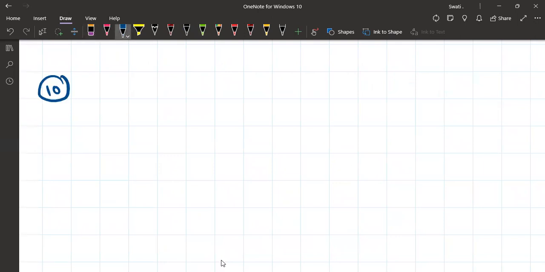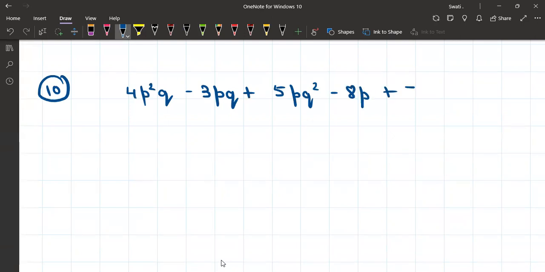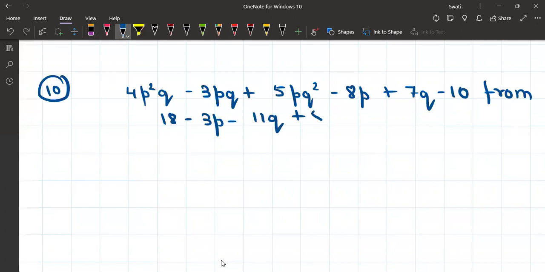In the 10th question, we need to subtract 4p square q minus 3pq plus 5pq square minus 8p plus 7q minus 10 from 18 minus 3p minus 11q plus 5pq minus 2pq square plus 5p square q.